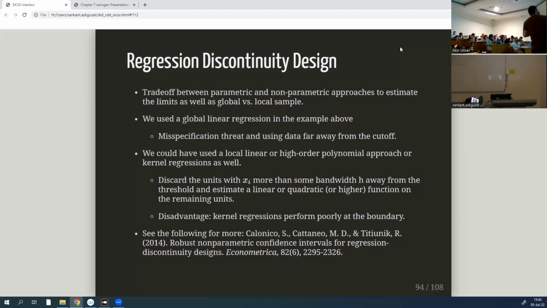I actually had one picture, but go and check the paper. Since they are so flexible, like all these local polynomials, they perform poorly at the boundary, meaning that when you approach the boundary, even one point can bring a lot of changes because they are flexible approaches.